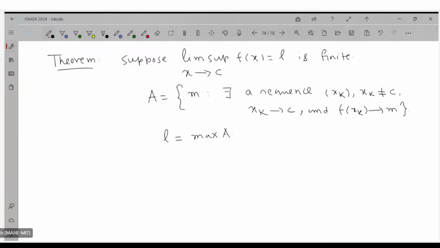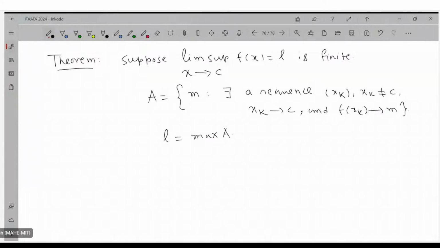Whatever sequence we have converging to C, we calculate f of xk, which converges to some number, and then we collect all the possible values and take the greatest value. That will be the limit supremum L. That's the idea. Also, if this maximum L is a finite number, then the supremum is also going to be finite and you have that value.